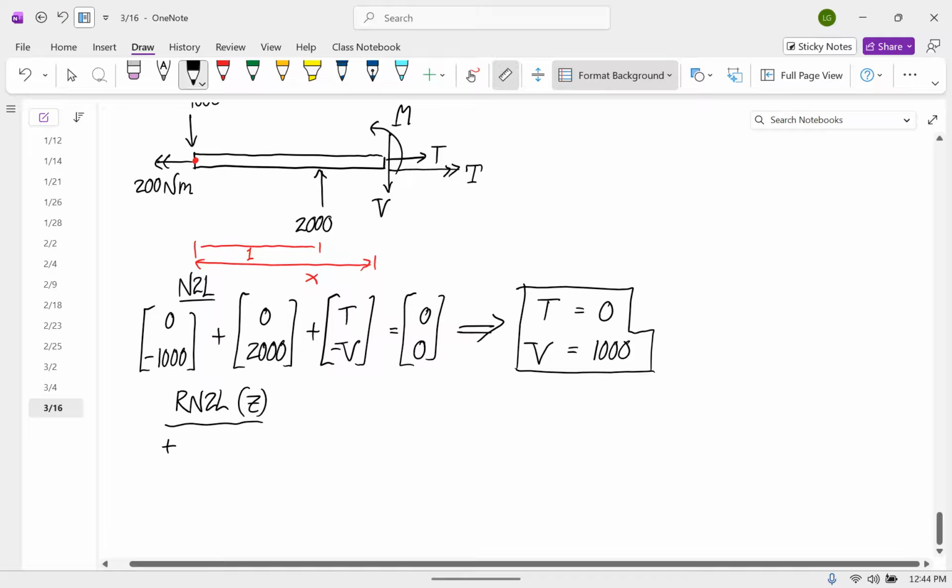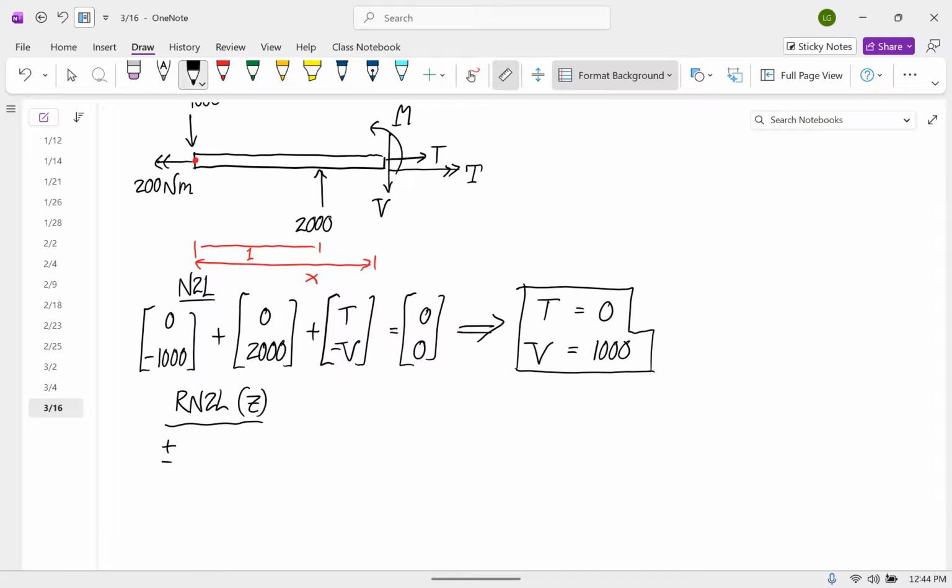So we have plus or minus moment arm of 1 times 2000, and that would make it rotate counterclockwise around the red dot. And then we have our plus M minus Vx is equal to 0.